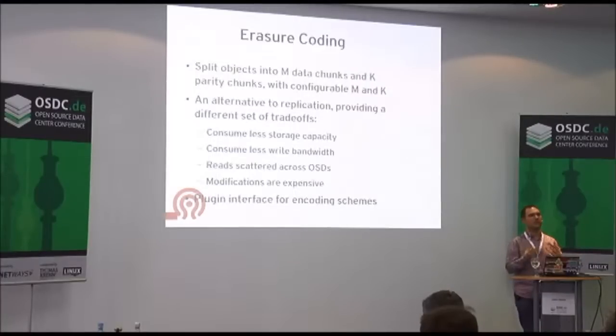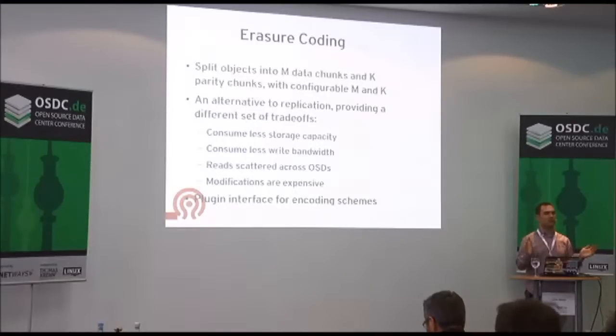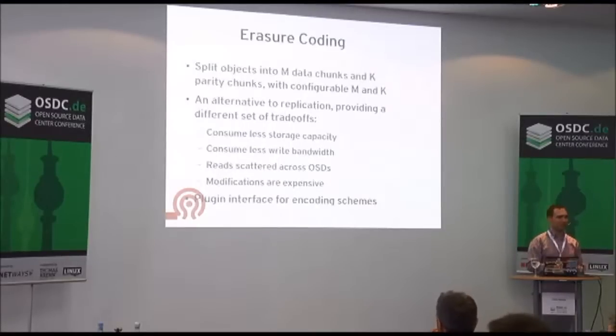Instead of having 3 copies of one piece of data, we break the data up into M plus K chunks, and we scatter those across the cluster. The important thing about erasure coding is that it gives you much more efficient use of your underlying storage than replication.